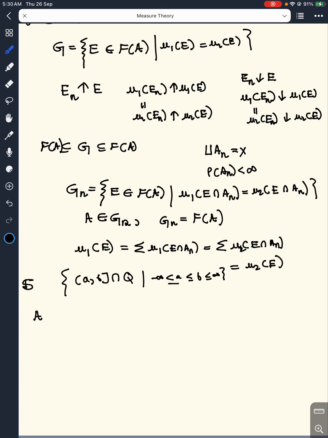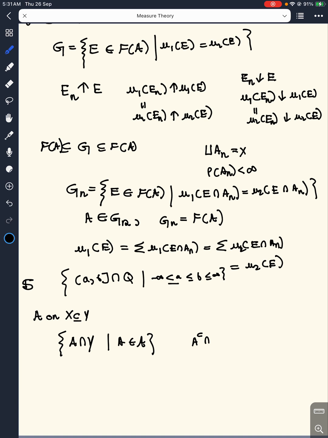if A is an algebra on some X and Y is a subset of X, then A intersection Y, where A belongs to the algebra, is an algebra on Y. So the only problem is complements.